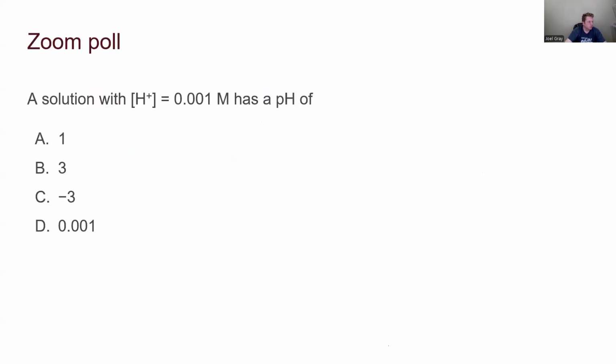Zoom poll. Okay, last time we got 5 people. I think we can do it again. I can give you till 45 seconds. So we got 33 seconds left. One person has answered.